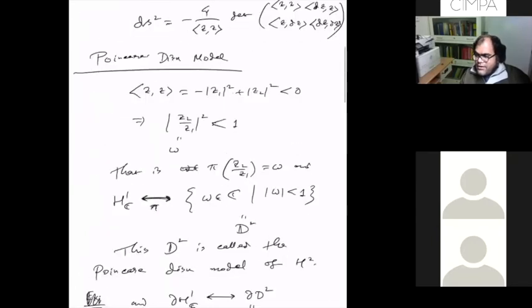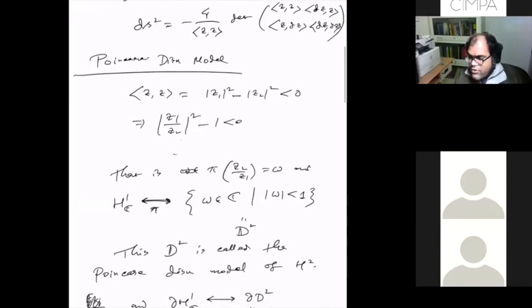So here I have to make some changes. What I do here is Z1 squared minus Z2 squared, which implies (Z1/Z2) squared minus 1 is less than 0, and you call W equal to Z1/Z2.